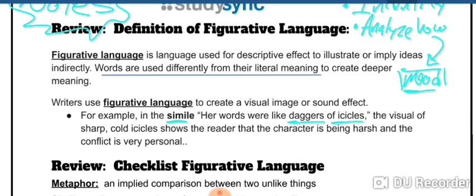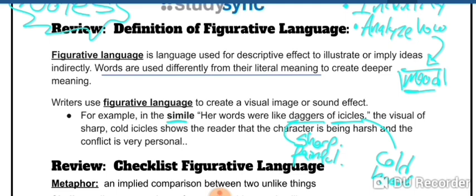Okay, so first of all, she's cold, or the words are cold or harsh, and daggers are sharp, painful. So they weren't really icicles, right? Her words were not actually icicles, and they actually weren't daggers.